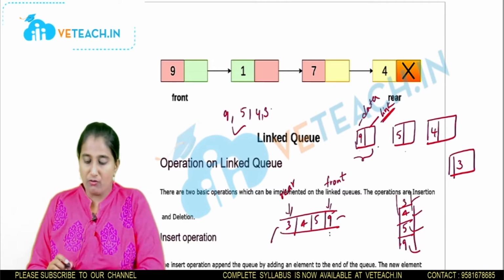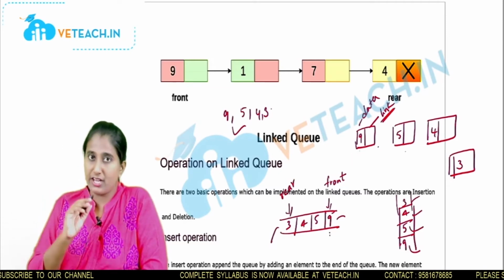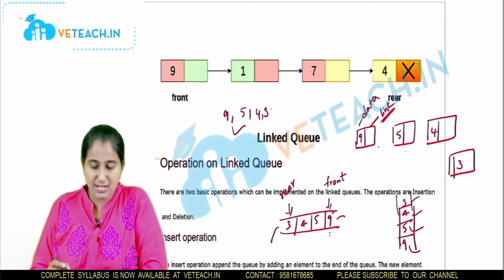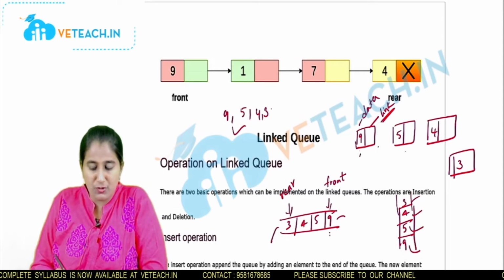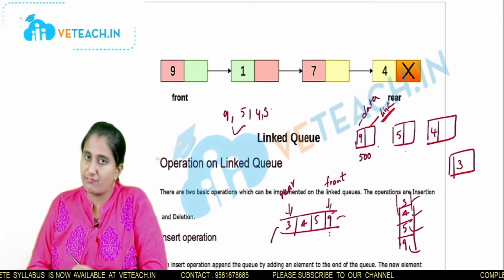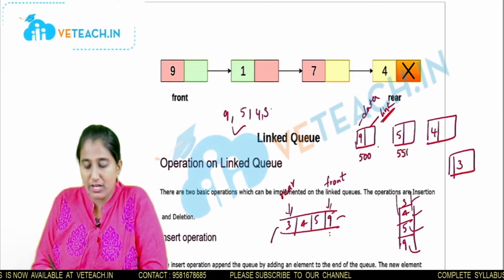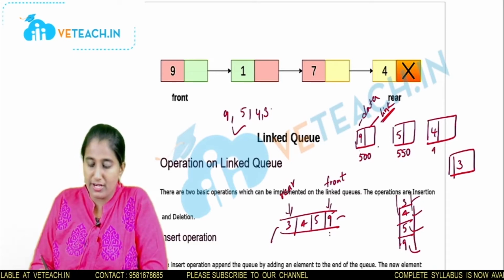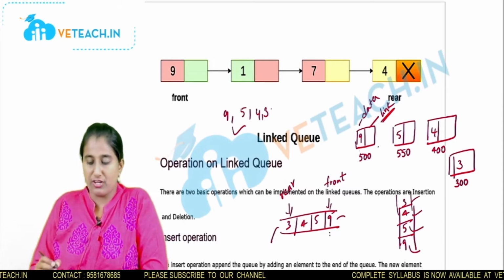When we create a node, it allocates some memory location, isn't it? For node 9, let us assume the memory location is 500. For node 5, let the memory location be 550. For node 4, let it be 400. For node 3, 300.